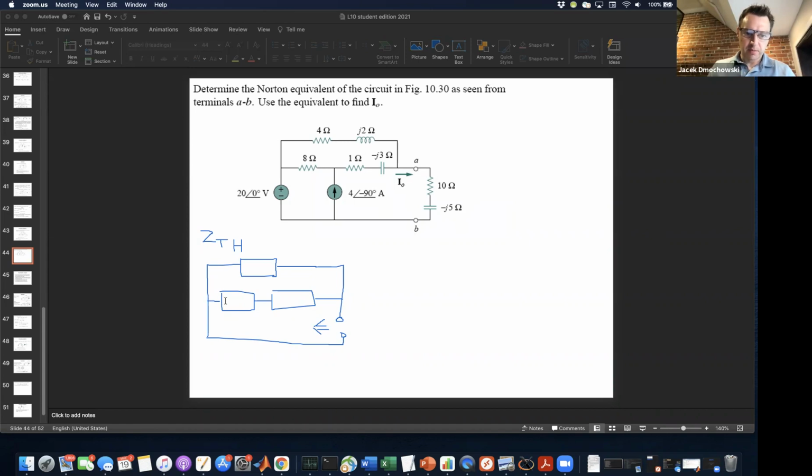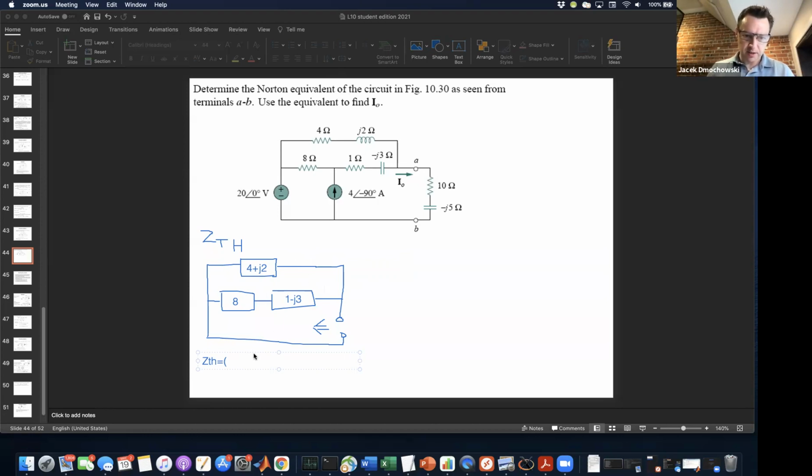And then I'm going to put in my loads here: 8, 1 minus j3, and 4 plus j2. So this is just an exercise in impedance combination. You can write ZTH as the parallel combination between this branch and this branch.